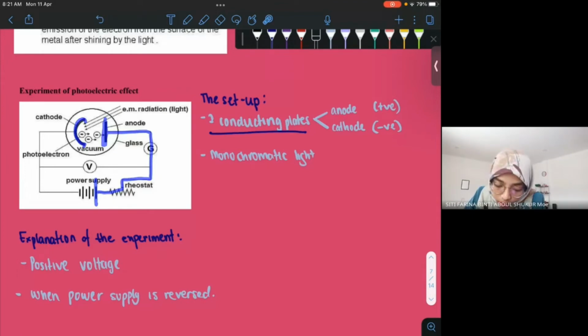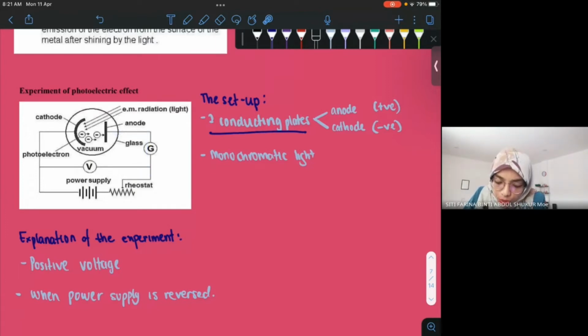And then your cathode here is connected to the negative power supply. So you have power supply in your circuit, rheostat, variable resistance, and then kita ada voltmeter dan juga galvanometer. This galvanometer is going to read the current yang akan lalu dalam circuit ini.